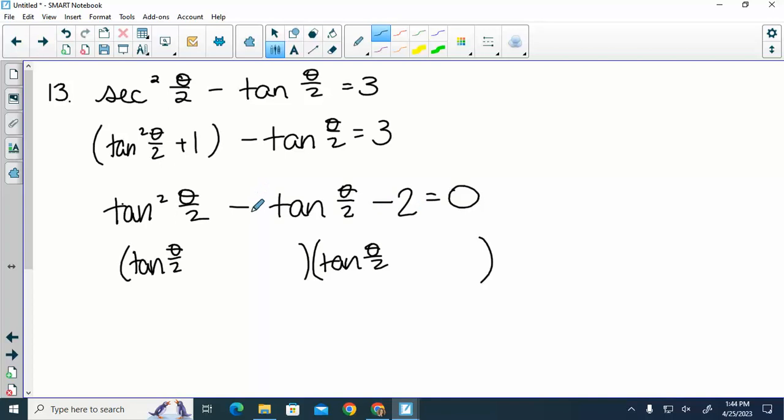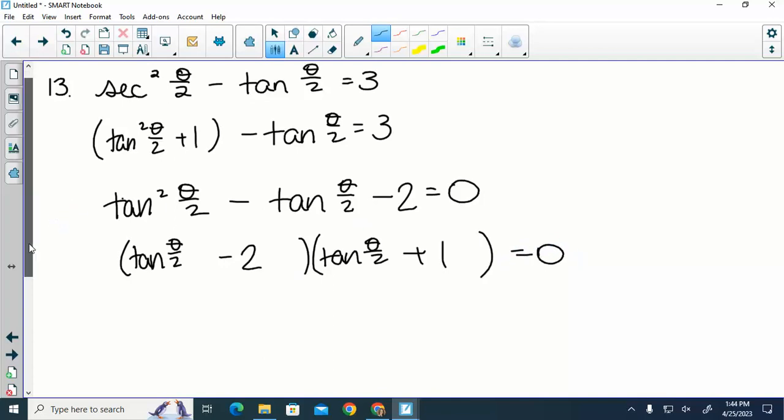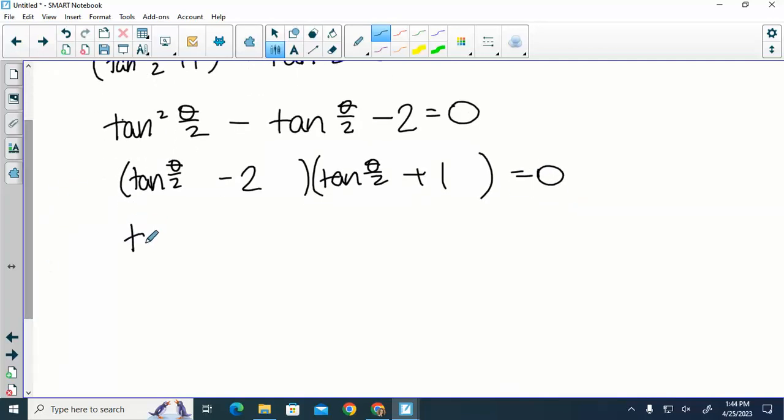What multiplies to negative 2 and adds to negative 1? So if we set those equal to 0, we get to here.